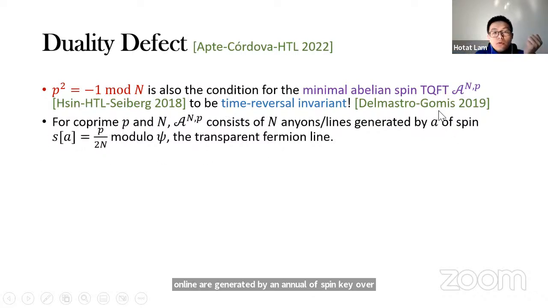It turns out that these N anyon lines, together with the transparent fermion lines, themselves form a well-defined TQFT if P and N are coprime. This is what I refer to as a minimal abelian TQFT. Okay, good. So the fact that the same conditions exist for the time reversal symmetry of a minimal abelian TQFT and self-dual SPT is not a coincidence.